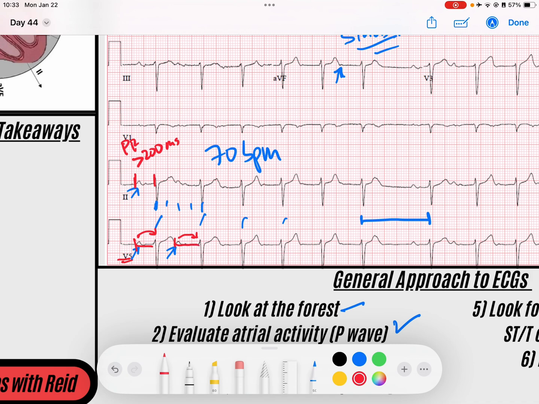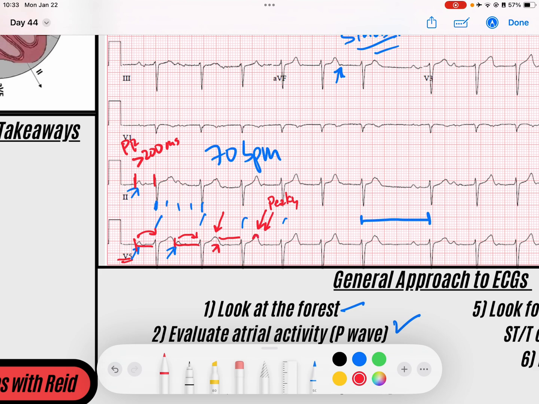Maybe you can see the end of the P wave peeking through there, and then all of a sudden my P wave goes away. But look at the change in this T wave compared to the previous T wave. This second T wave looks a little bit more peaky, and that's because that P wave is buried in there.